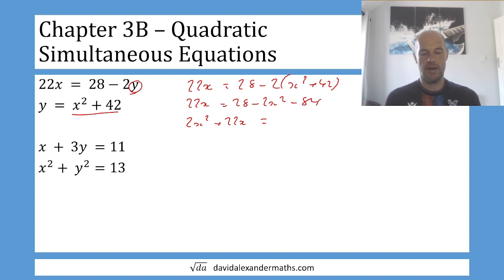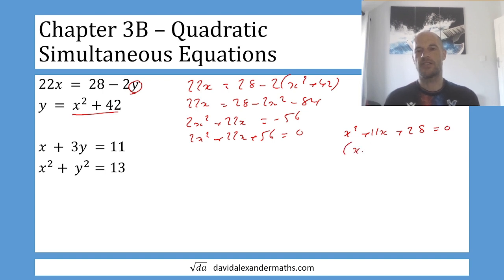And 28 minus 84 is negative 56. So I'm going to move the 56 over to the other side. And I can divide this equation by 2, x squared plus 11x plus, what's half of 56? 28 equals 0.